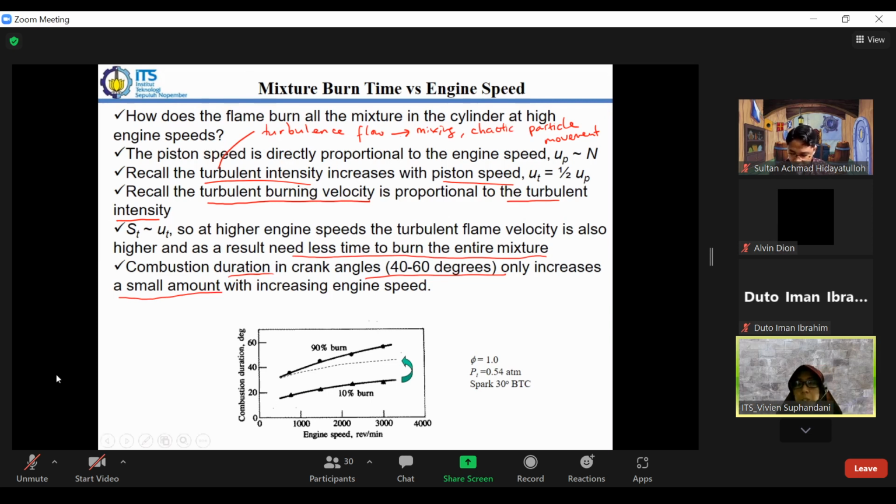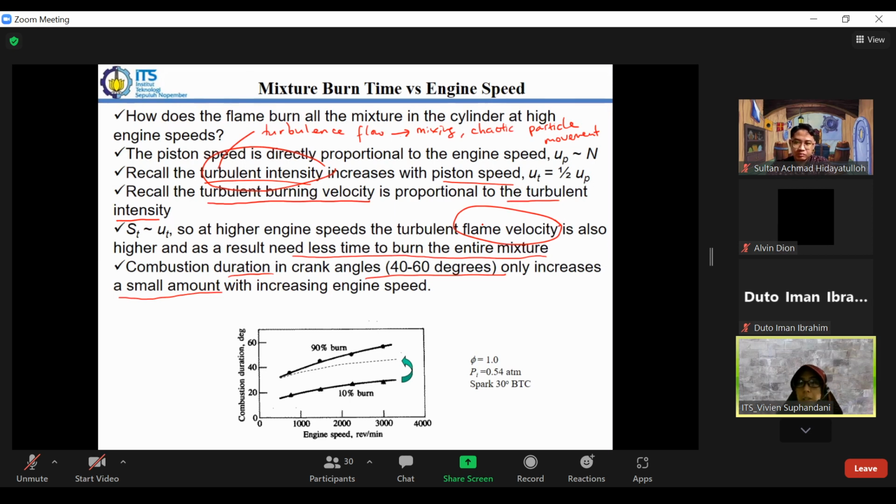Okay, now we understand that the turbulent flame velocity depends a lot on the turbulence intensity. So when we want a better, faster combustion process, it means we need a higher flame velocity. To achieve that, we can increase the turbulence intensity.